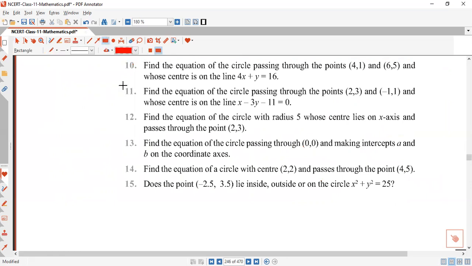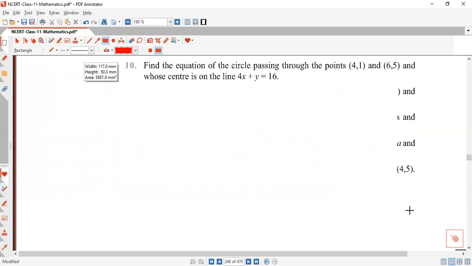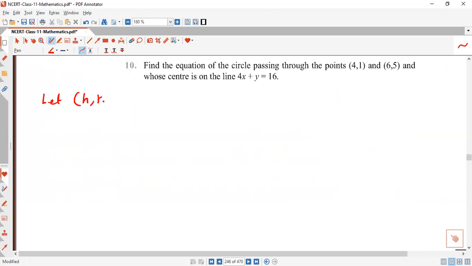Now, in these questions, we have to find the center and the radius of the circle so that we can write down the equation of the circle. Let h comma k be the center of the circle.